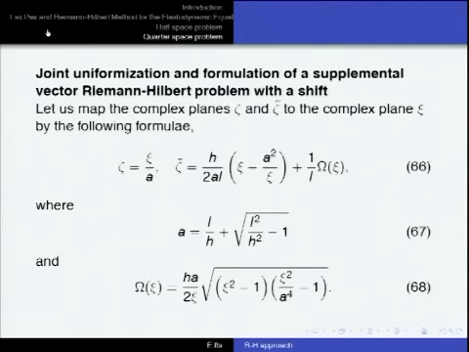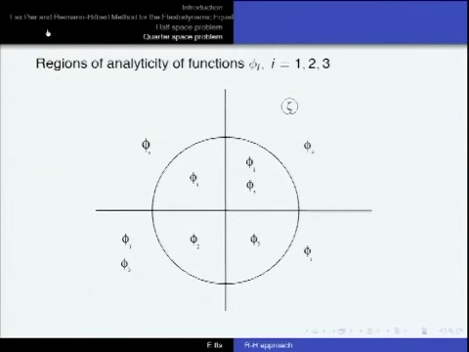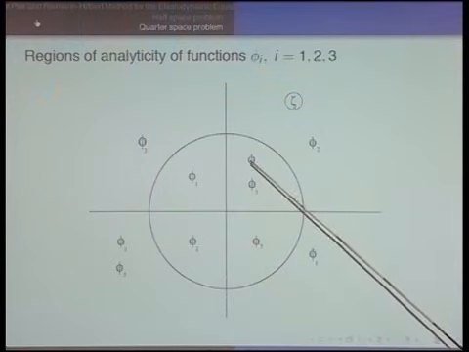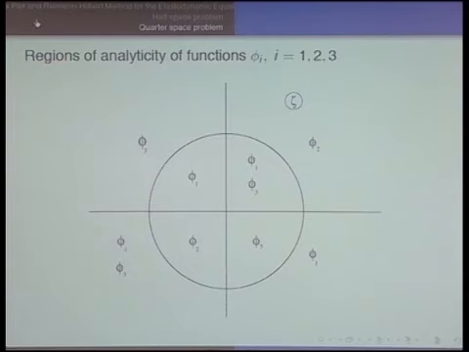Well, probably before I describe this slide, let me go back for a second and talk about this picture. As I mentioned before, we will formulate the global relation in these regions. It's not like it used to be for the previous solution, when we formulated the global relation exactly on the contour of integration.